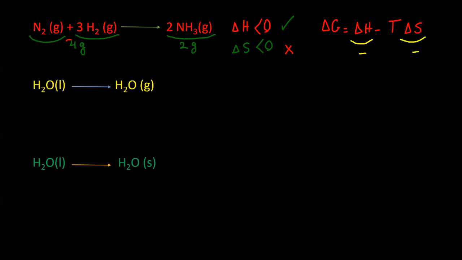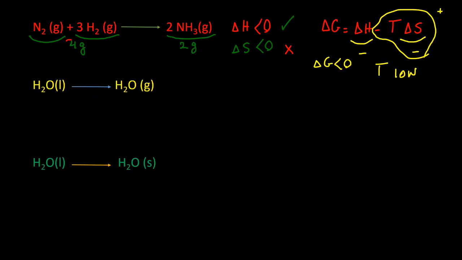So negative times negative becomes positive. So for this reaction to be spontaneous, it means for delta G to be smaller than 0, the positive part should be small. So it means temperature should be low. So this reaction can be spontaneous at low temperature.